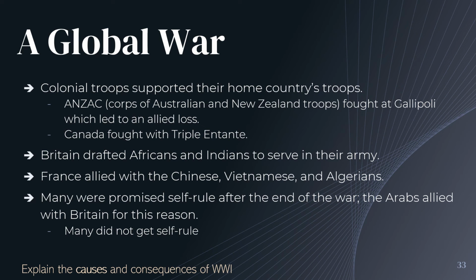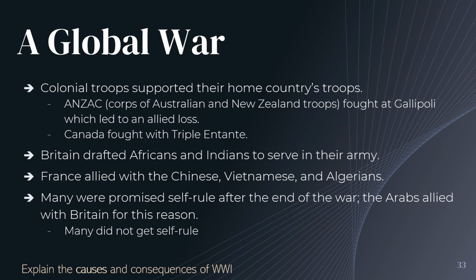Here's the colonial troops. We've got ANZAC, the Australian and New Zealand Army Corps, troops, are fighting. Canada is fighting. Britain is drafting Africans and Indians both to serve in their army. France is allied with the Chinese, Vietnamese, and Algerians. France had controlled Vietnam, Algeria, so we've got some close ties there.